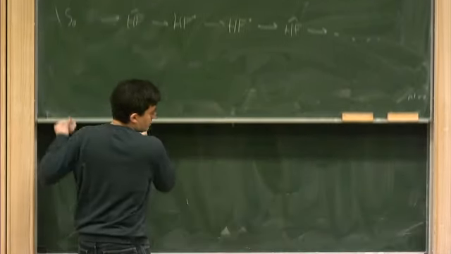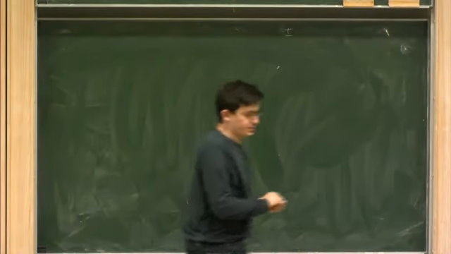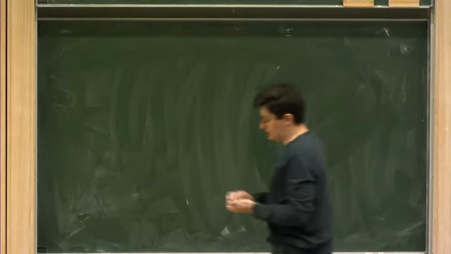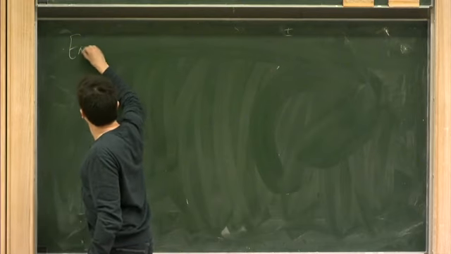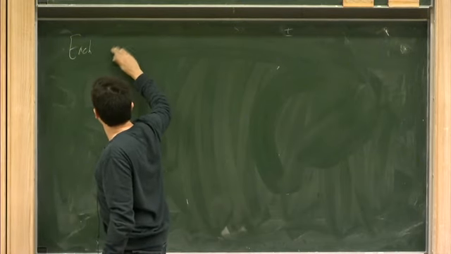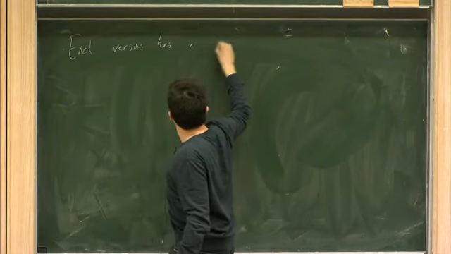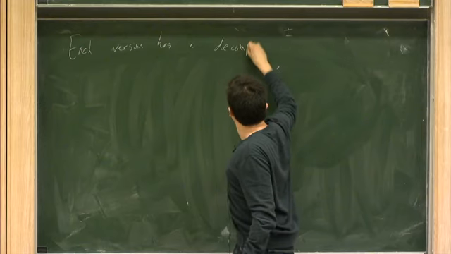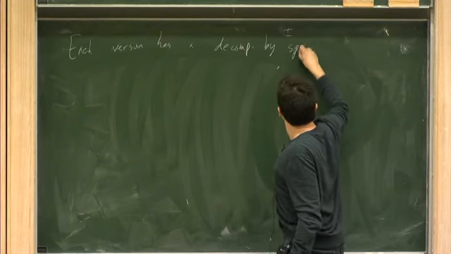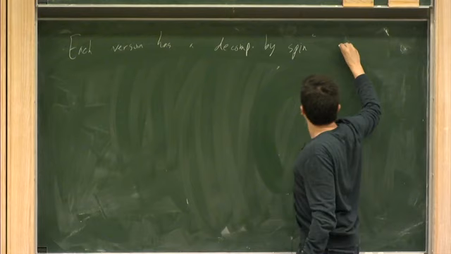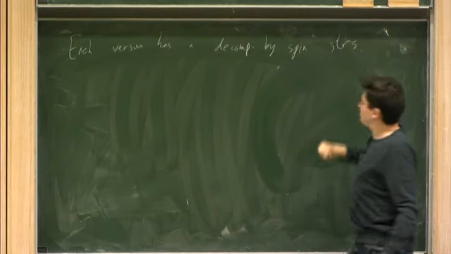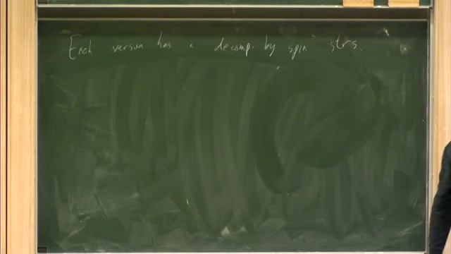Now, the other thing that we said is that each of these groups comes with a decomposition by spin C structures. I spelled this out last time a little bit.